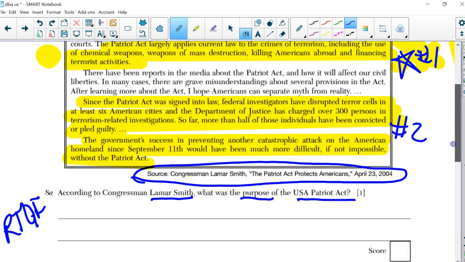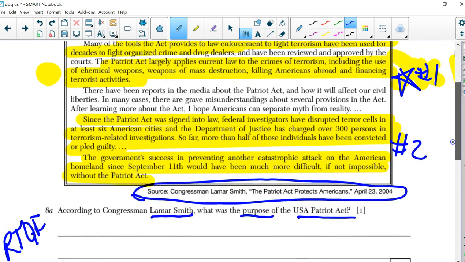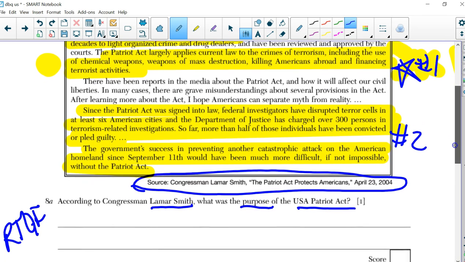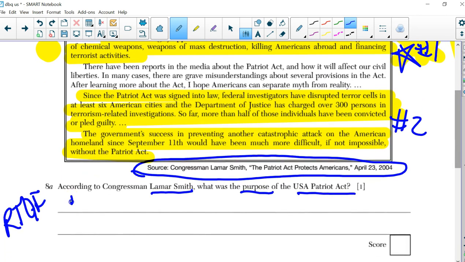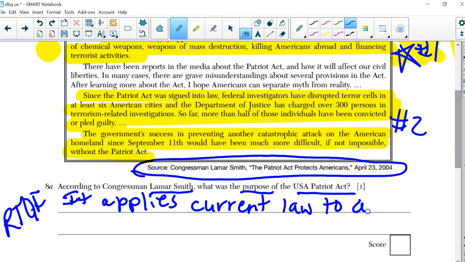Okay, so what was the purpose of the USA Patriot Act? It applies current law to acts of terrorism. Oops, one second to get that out of the way.